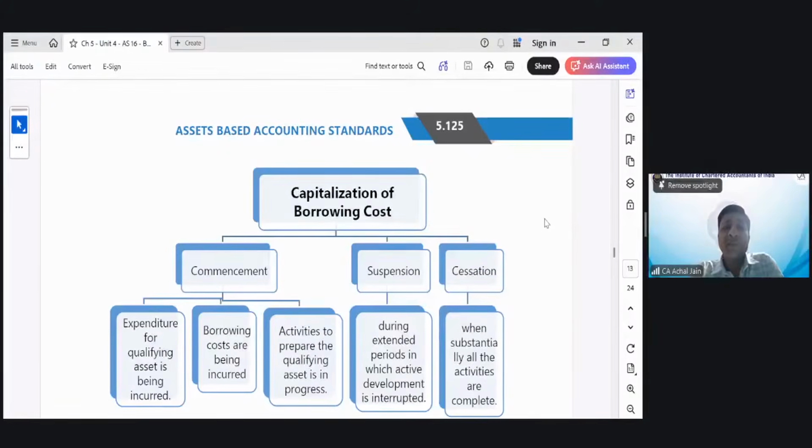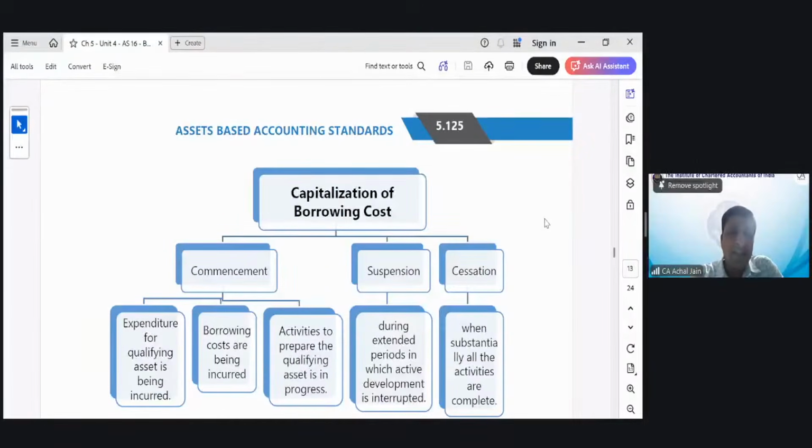Quickly. Great. Emin says it goes to P&L, right? So every time this has to go to P&L. But there is one exception we talked about. Can you tell me what is that exception? In which case borrowing cost doesn't go to P&L. Instead, it is capitalized, right? Very good.